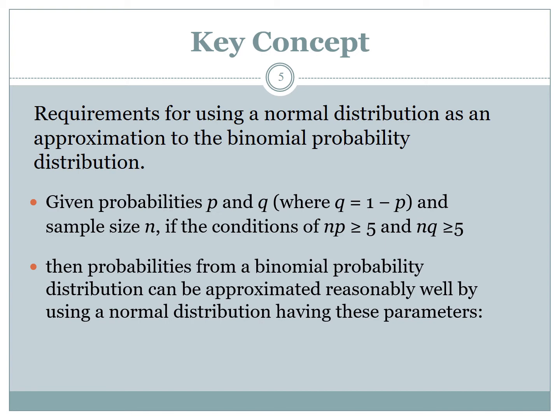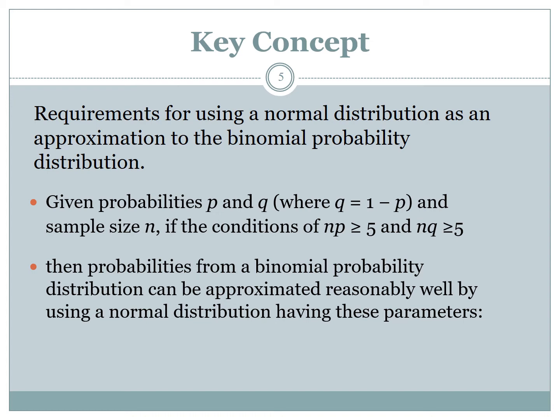The normal distribution is a continuous distribution, whereas the binomial is discrete. So we need to have a way of using the variables that we use for binomial, which are usually n, p, q, x. We have to make a transformation from that to the normal distribution.